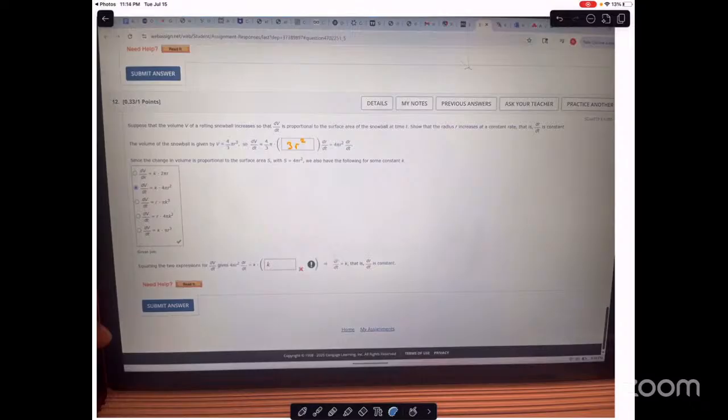And then the second one, I think it was 4 pi r squared. That 3r squared came because we took the derivative of r cubed. Down here, this came from the surface area that was given.